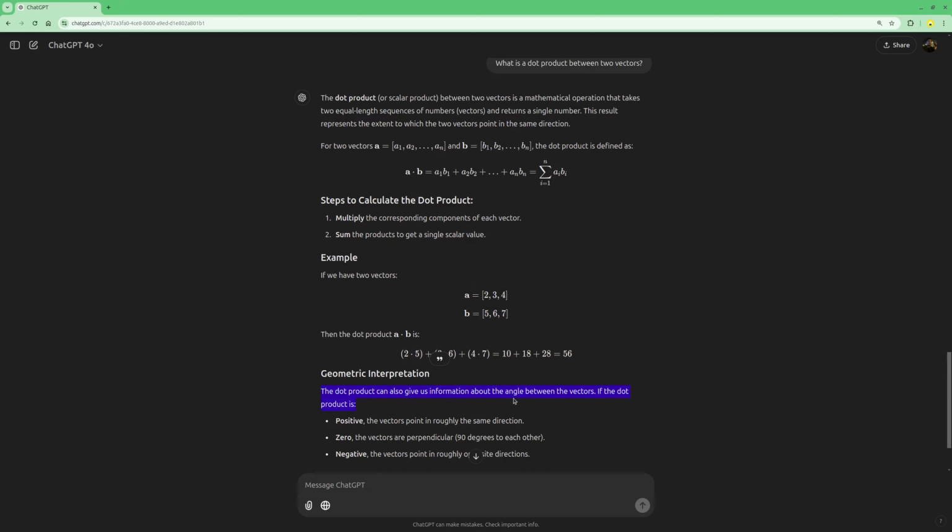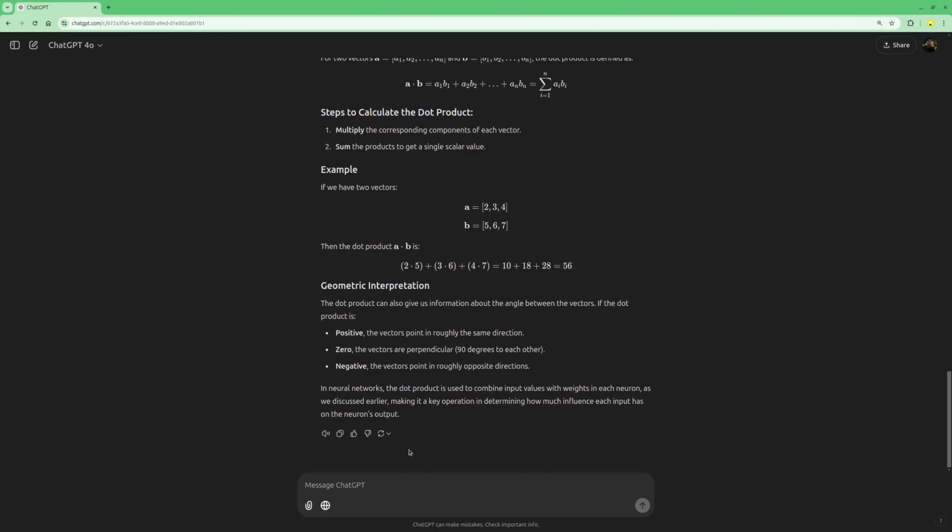What idea is the dot product giving me? The dot product can also give us information about the angle between the vectors. If the dot product is positive, the vectors point in roughly the same direction. If it's 0, the vectors are perpendicular. If it's negative, the vectors point in opposite directions.